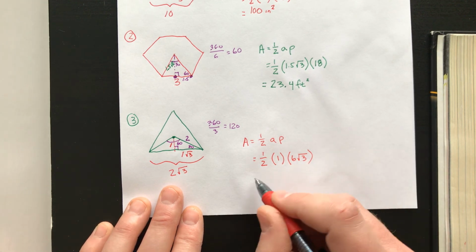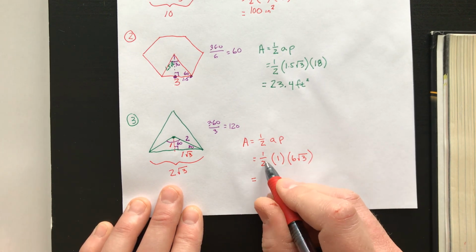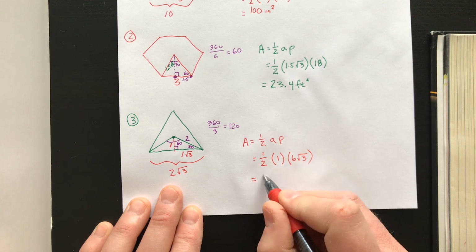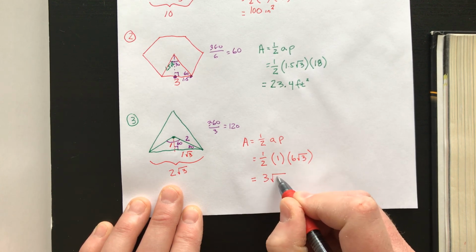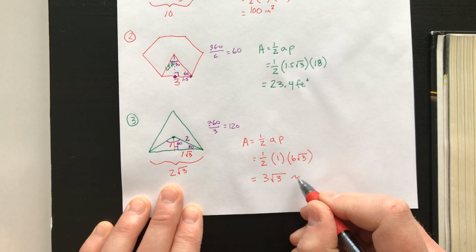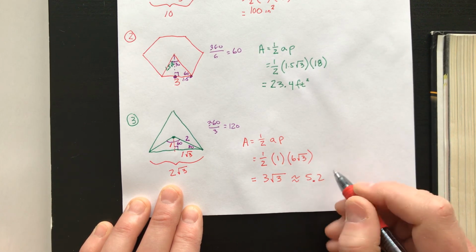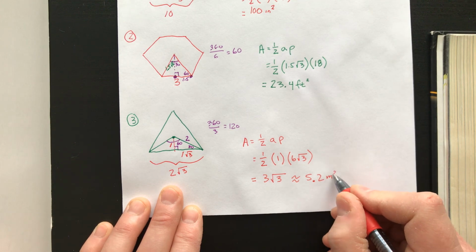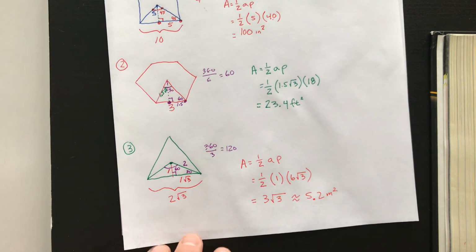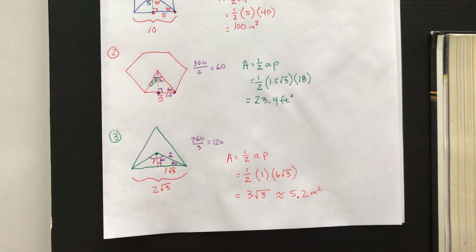So we multiply this by 1/2. You get 1/2 times 6, 3 root 3, which is about 5.2 meters squared.